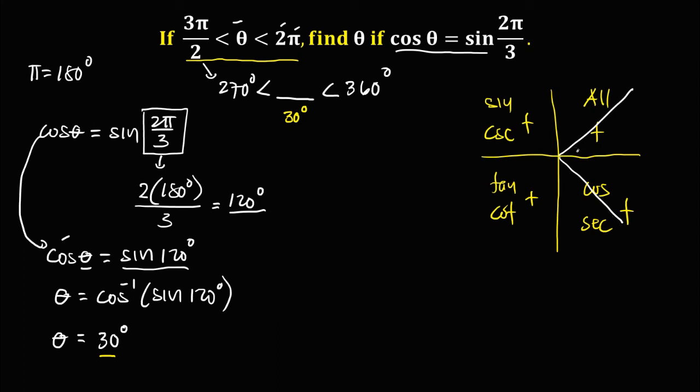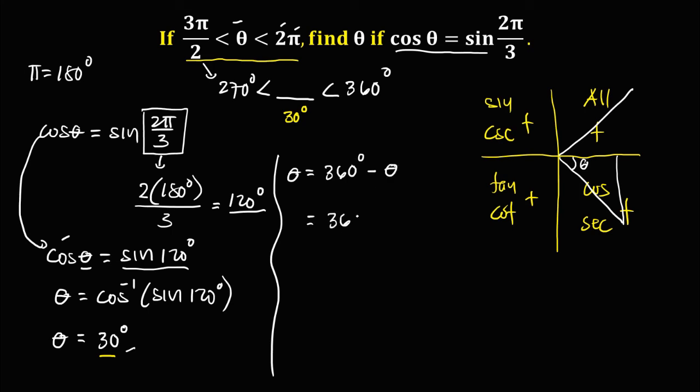And if θ is in quadrant 1, that's 30 degrees, and this 30 degrees does not satisfy this condition, therefore θ is in quadrant 4. So to find this angle θ in quadrant 4, using the reference angle formula, θ is equal to 360 degrees minus θ.